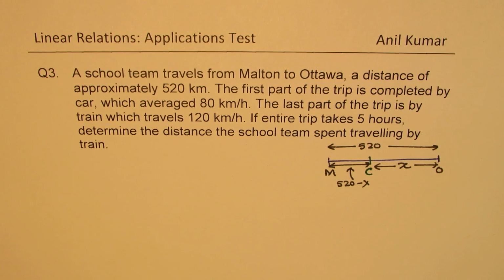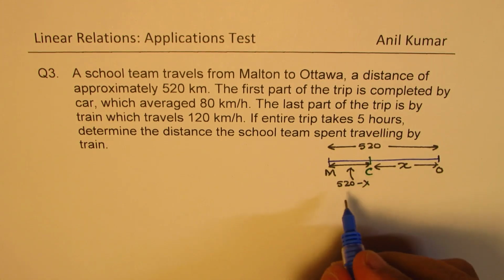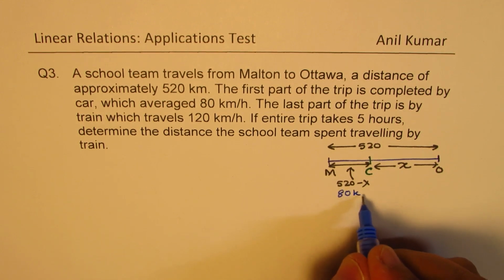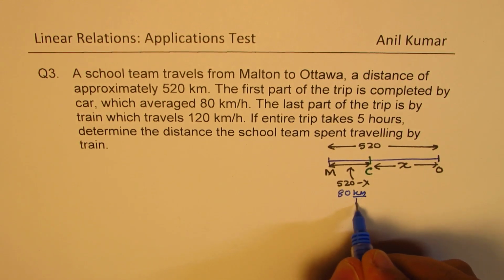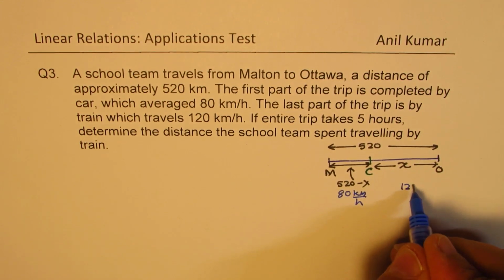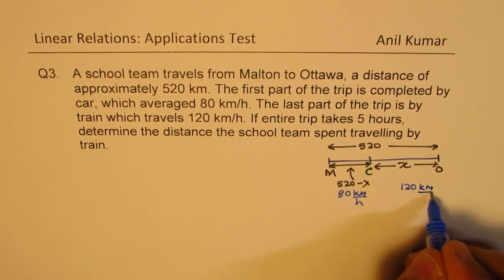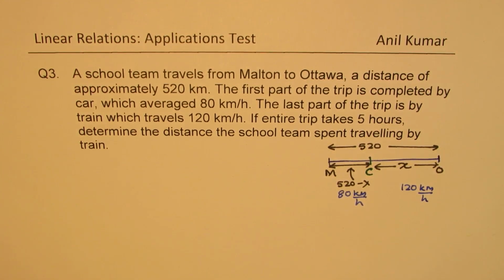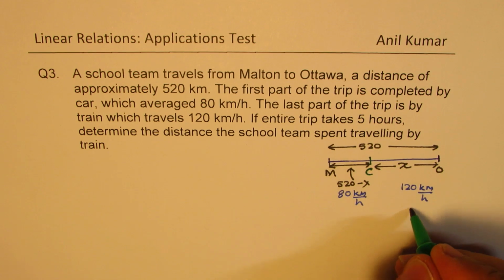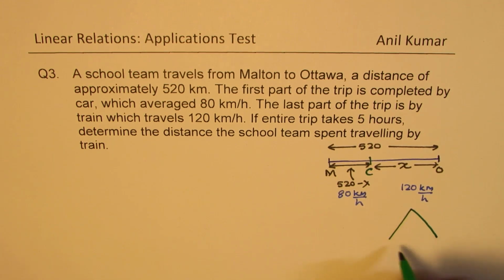Now we also know the speeds of the train and the car: 80 kilometers per hour and 120 kilometers per hour. And the distance, speed, time triangle also we know, right? That helps us to relate distance, speed and time.